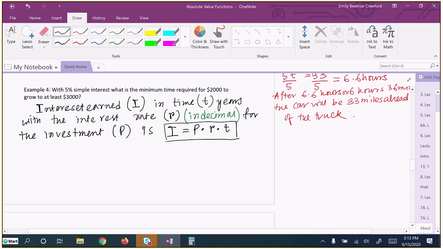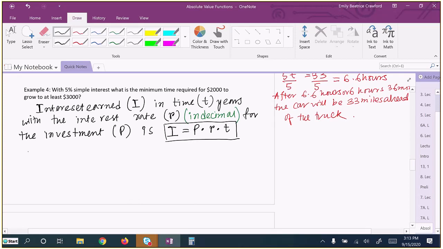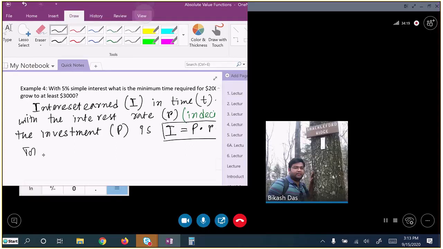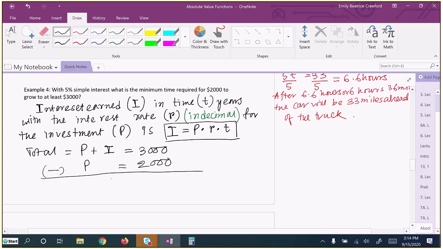So what do you want? You want the money to grow to $3,000. So this is the total, and when I say total, I mean the principal invested plus the interest. That should be $3,000. But the principal invested is $2,000, so when we subtract, we get the interest earned is $1,000.